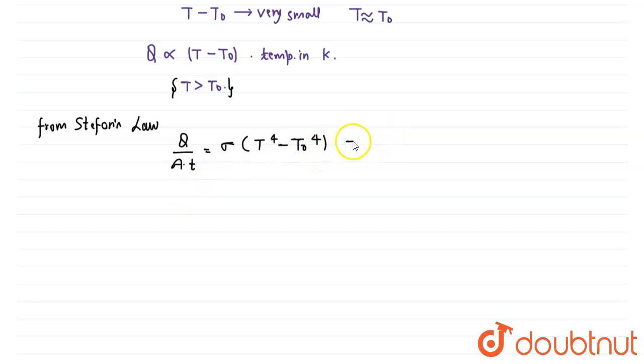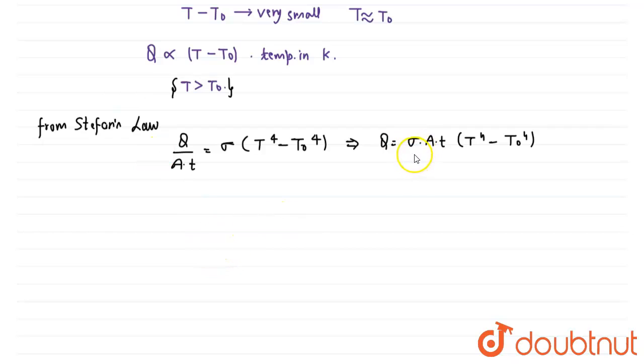We can write Q is equal to sigma A t into T raised to power 4 minus the surrounding temperature to the power 4.